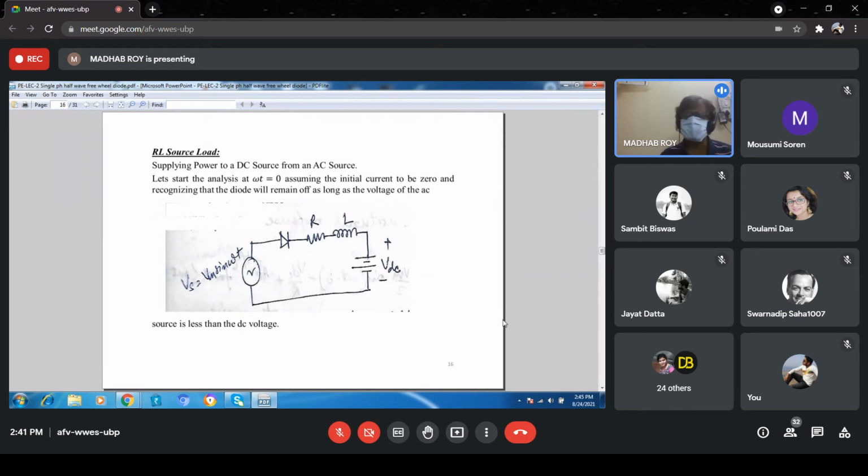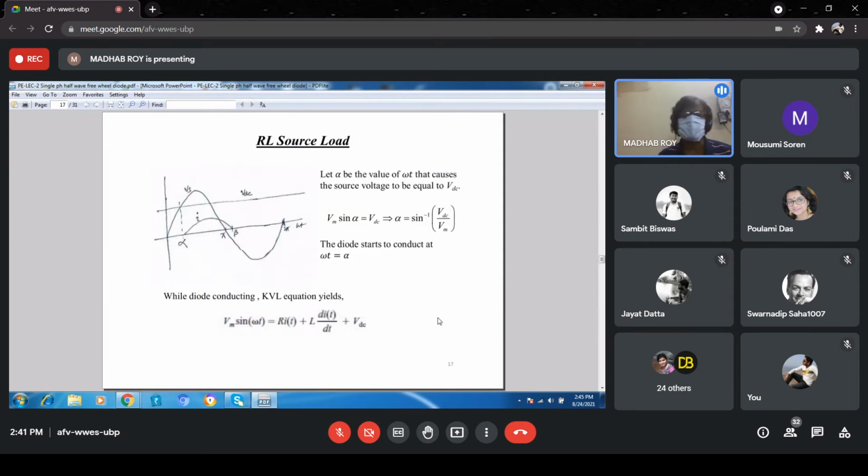So now we go to the next diagram. Here is the DC voltage line. Now from zero, the AC voltage is increasing. That is assumed to be forward bias, but as this voltage is in the reverse polarity, the diode will be in reverse bias. So up to the angle alpha, there will be no conduction of the diode. Got my point?